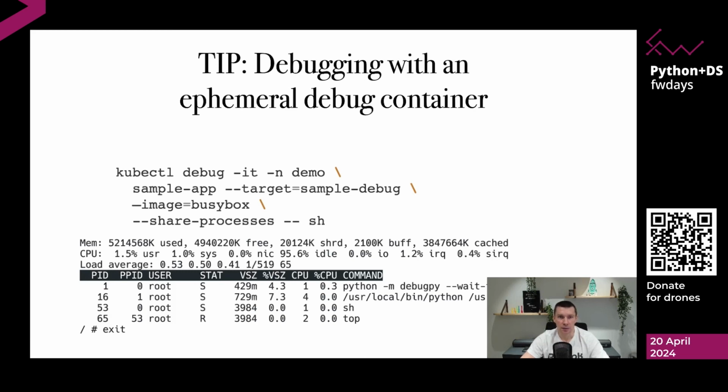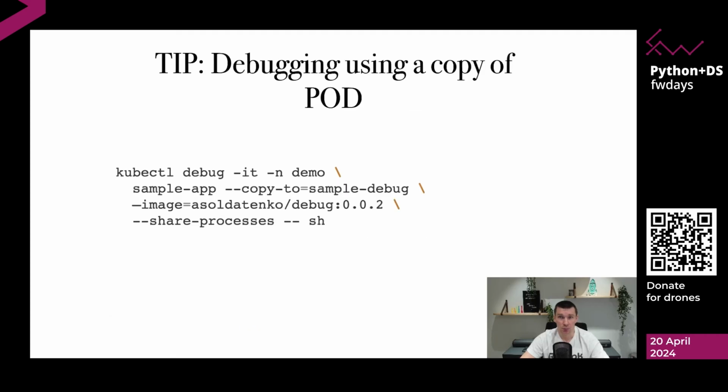The only important note is that the target parameter must be supported by the container runtime. So it's not for every container runtime, but it's outside of the scope of this presentation. Anyway, as I already said, you can do it with sharing, or you can copy, for example, an existing container, and also share the processes.